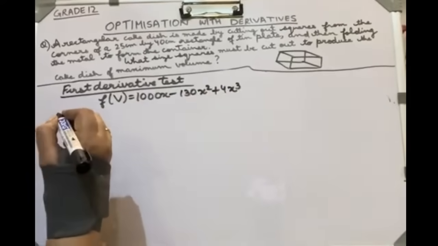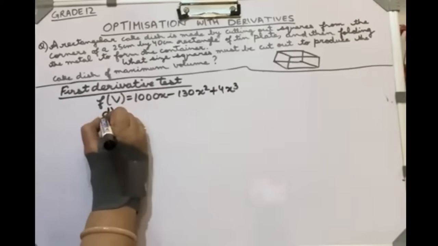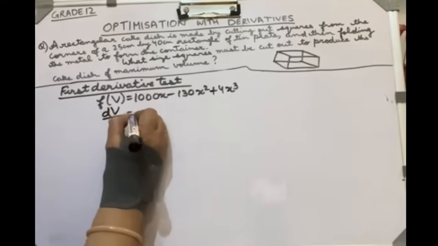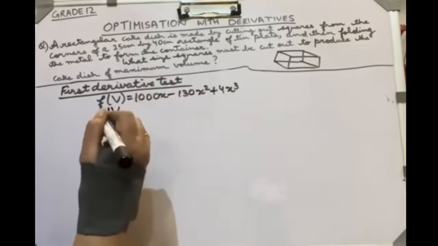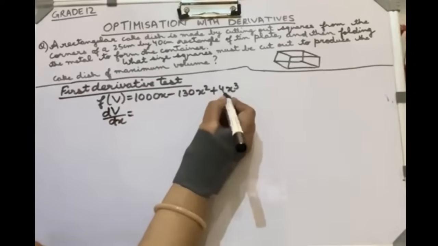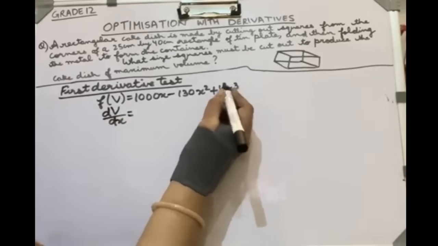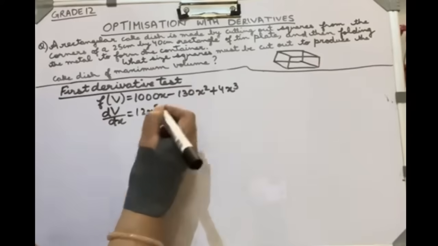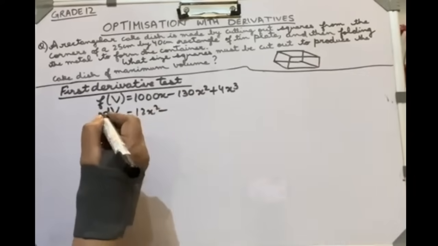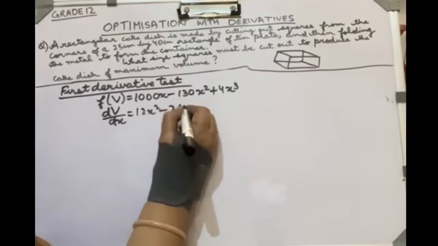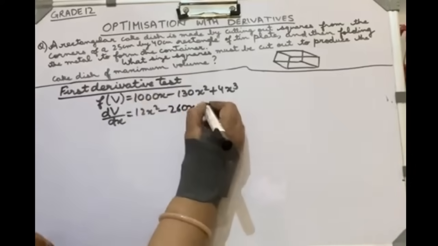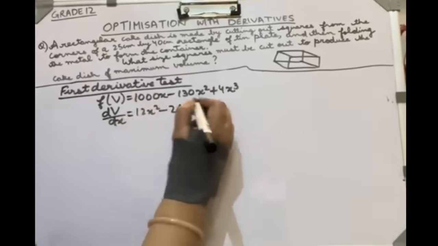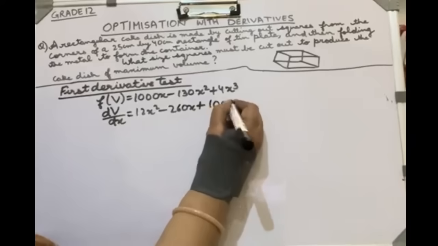So the first derivative test, dV by dx is, now if you simplify from the last part, 12x square minus 130 multiplied by 2 is 260x, plus derivative of 1000x is plus 1000.